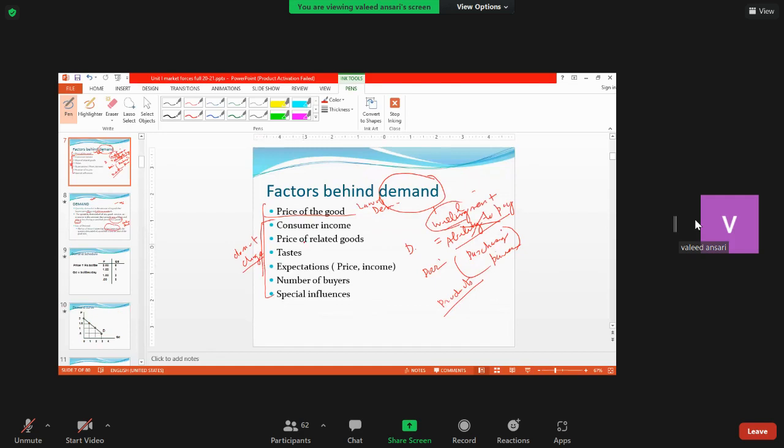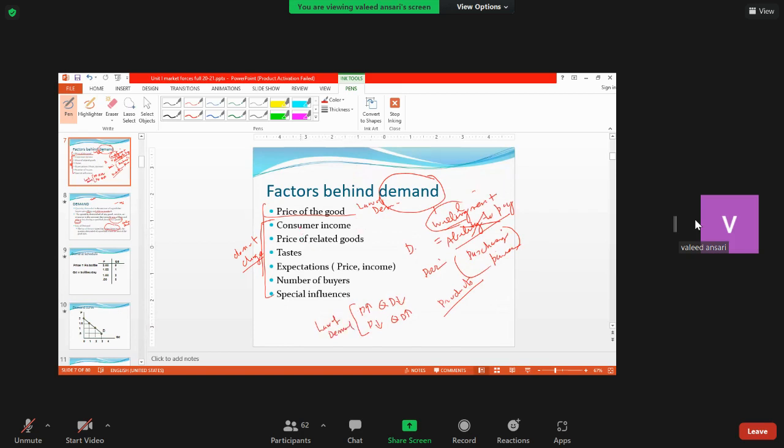Other things being equal, there is a relationship between price and quantity demanded. If the price of any product increases, less of that product will be demanded. If the price of any product decreases, then more of that product will be demanded. So this is called the law of demand. Now, why do we hold these other factors constant?